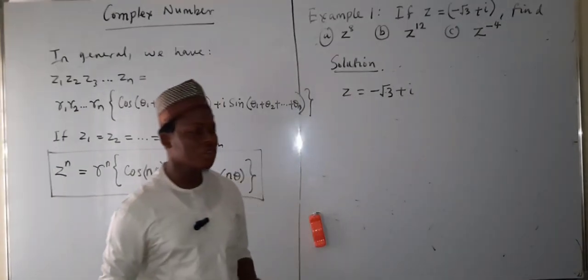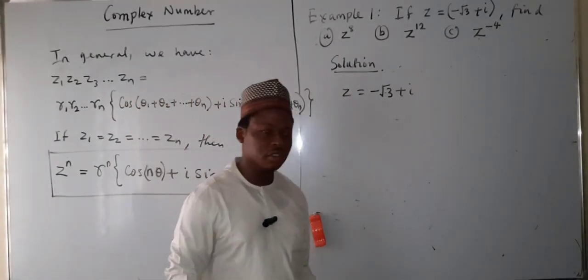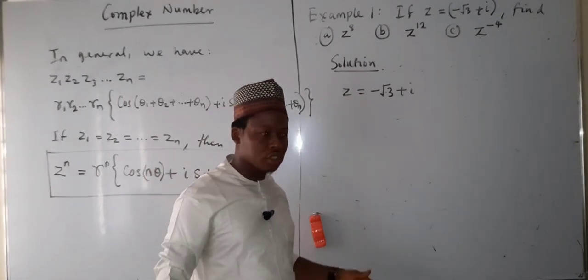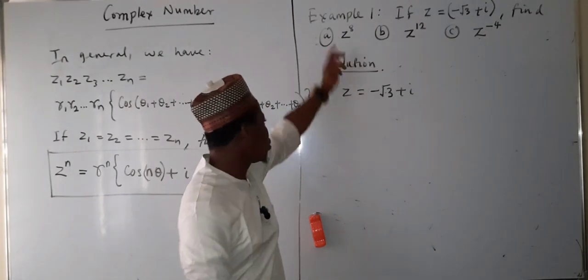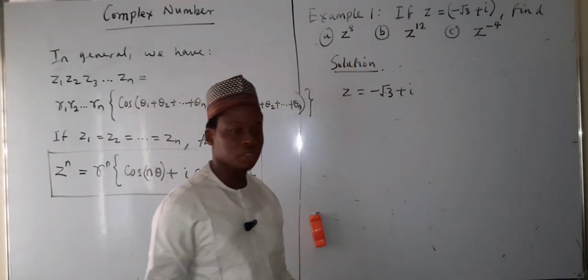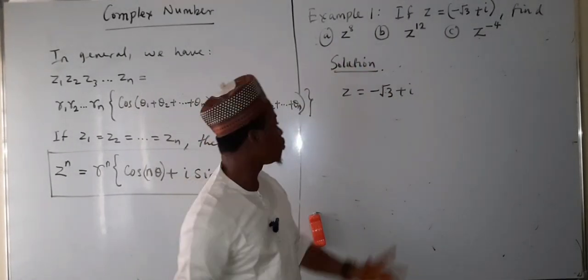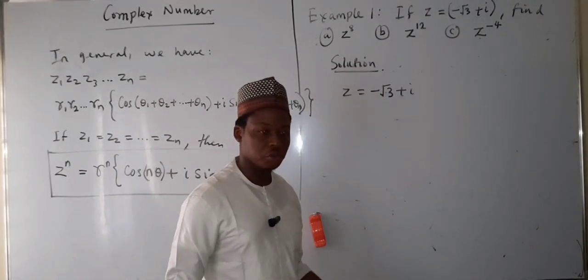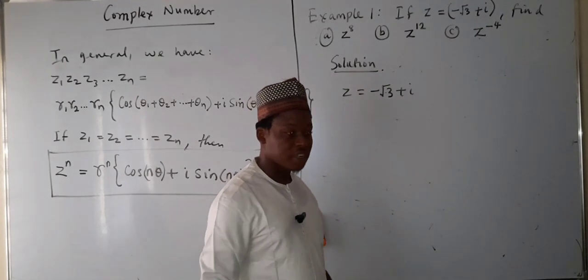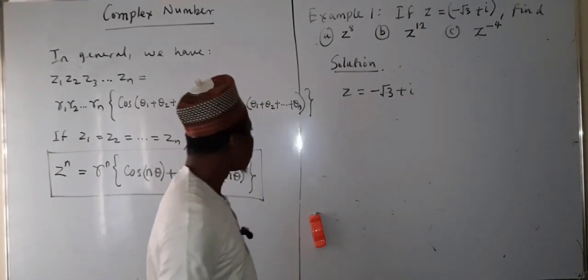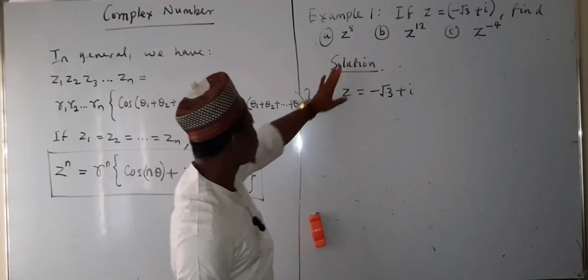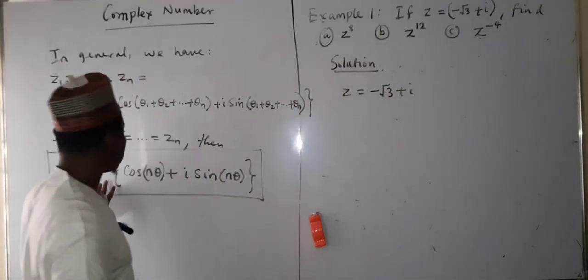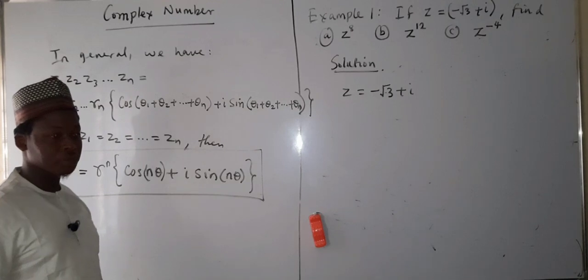But the question now is, if you have z raised to the power of 8, you keep expanding, and z raised to the power of 20. If it is z raised to the power of 3, maybe within 5 minutes you are done. But z raised to the power of 20 will probably take you maybe 5 hours or so, provided there is no error in the computation. But now, for us to find this, we will need to employ the Moivre theorem.